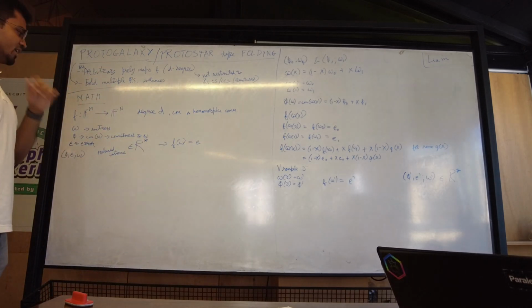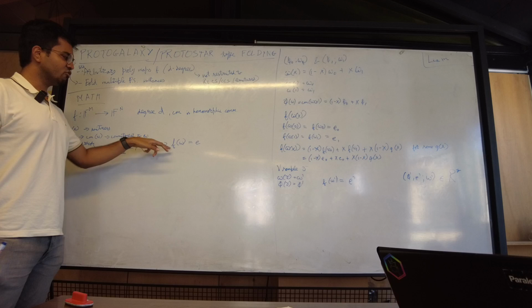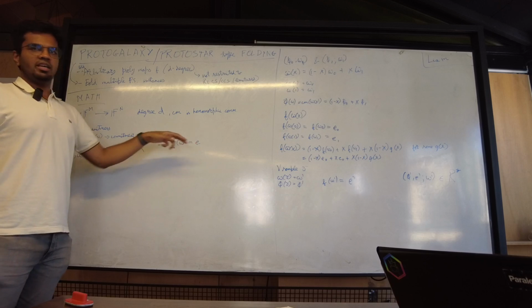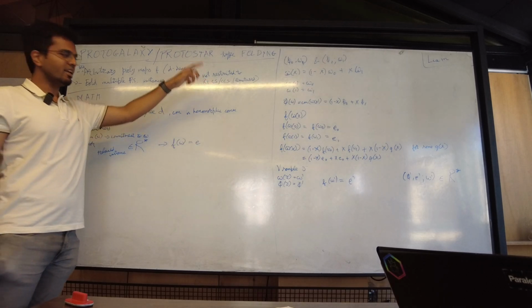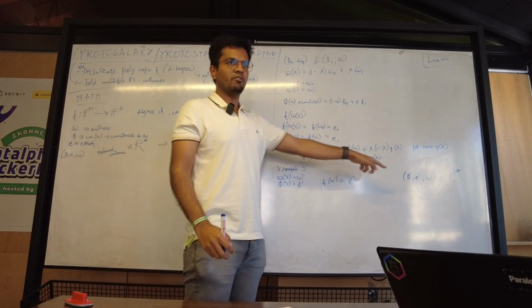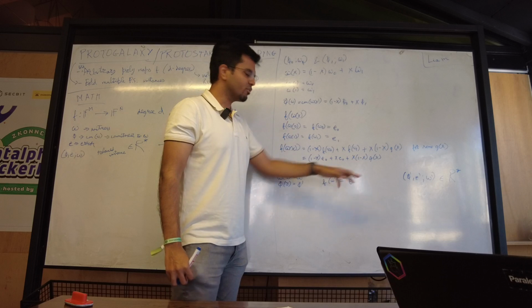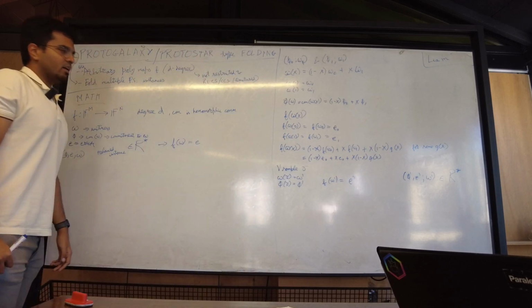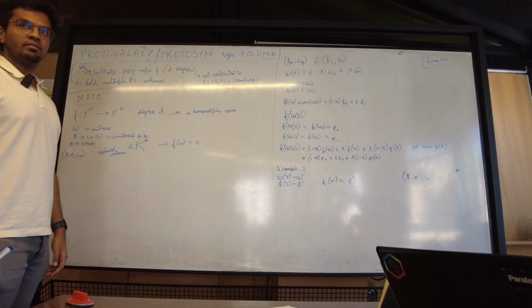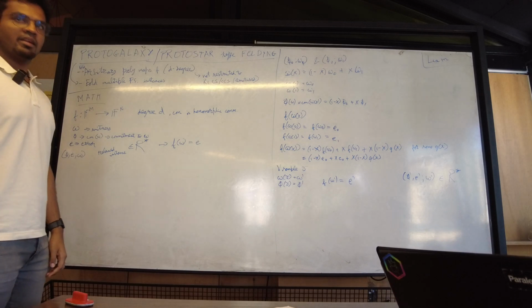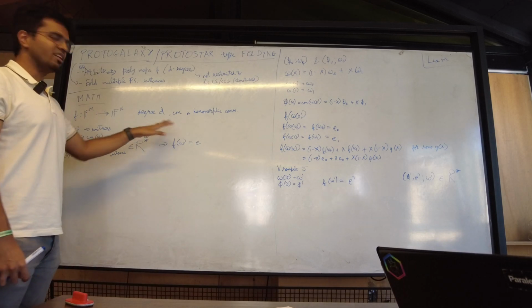Instead of it being 0 at all points, we say that it should be equal to this term called E, and we introduce E into the equation. So whatever error we get, we define this new E to make sure that the function evaluates to E instead of 0. So what you're trying to do now is show a way to fold instances such that some relation remains valid.